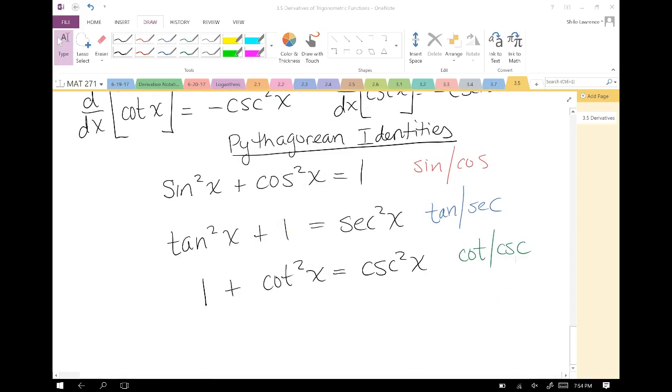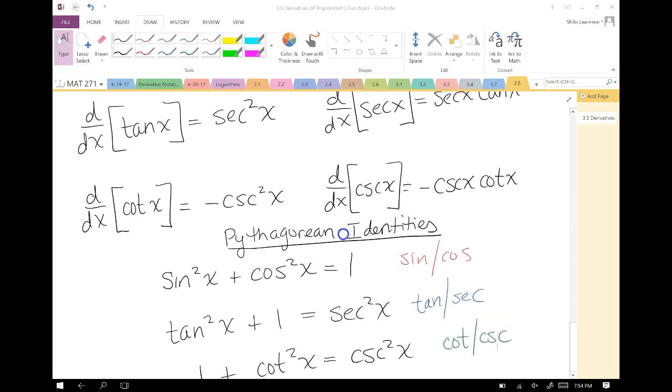So the pattern is beneficial if you already know the Pythagorean identities. If you don't know the Pythagorean identities, this might not be very helpful. So that's one of the pieces of remembering the derivatives. There's more parts to it, though. So that at least will help you to figure out what functions you should be working with.